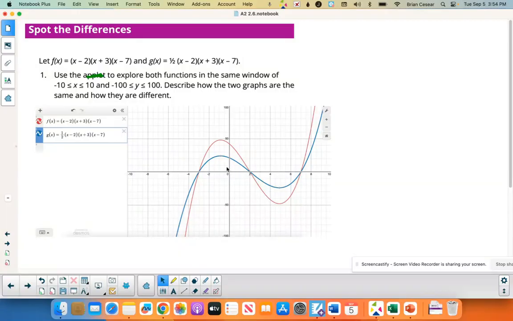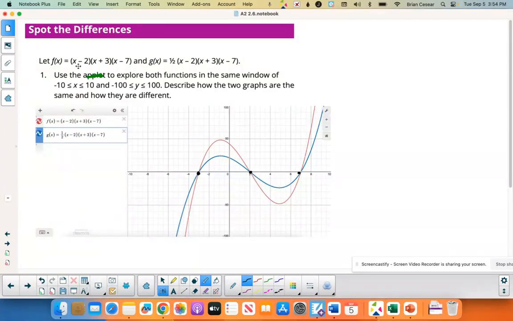So how are they the same? Look at my window here. I set my y's from negative 100 to 100. X is negative 10 to 10, just like it said. How are they the same? I would say if you look at the x-intercepts, they're all the same.